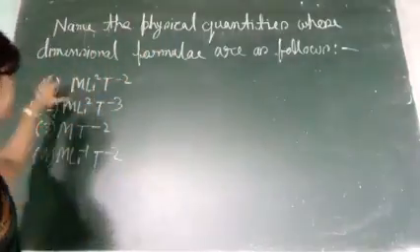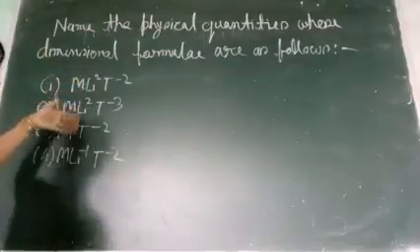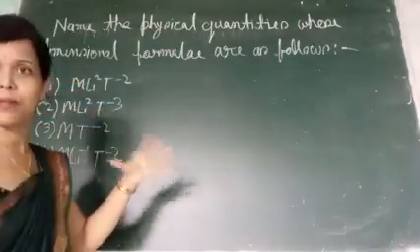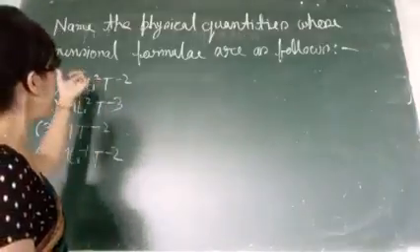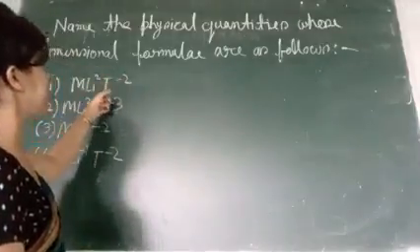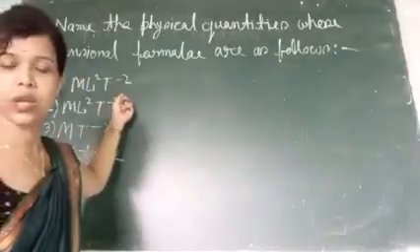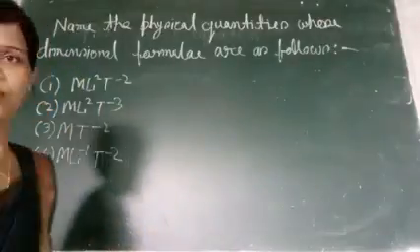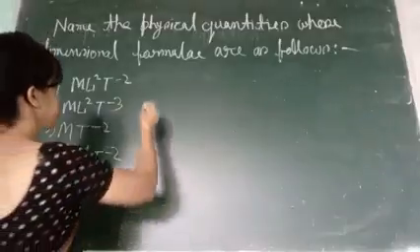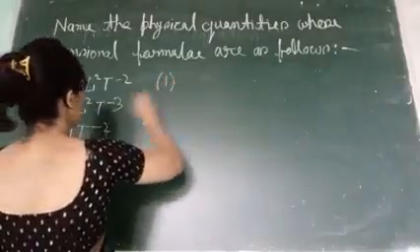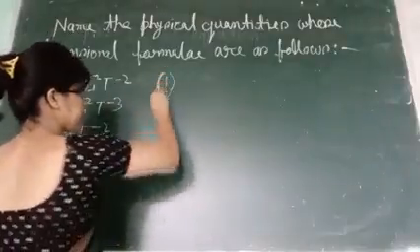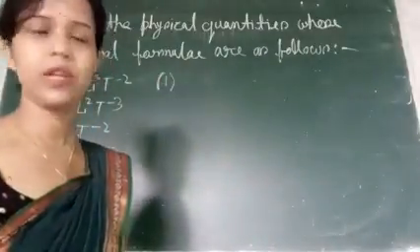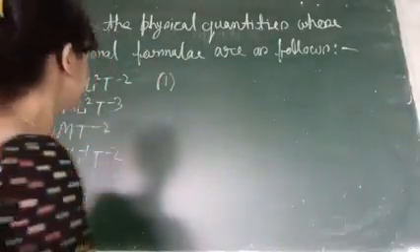Some dimensional formulas are given to you, and you have to reply what the physical quantity is whose dimensional formula is this one. So how can we get the name of the physical quantity? Let's see.